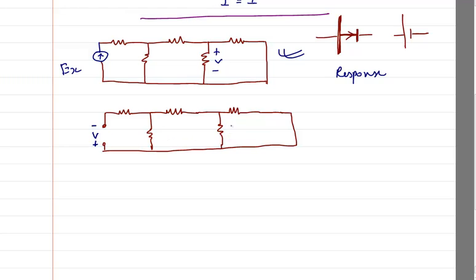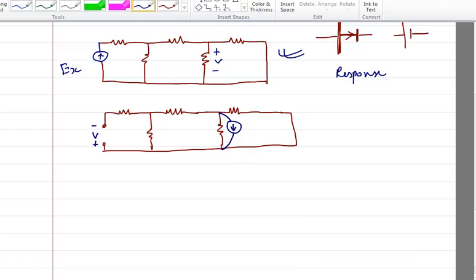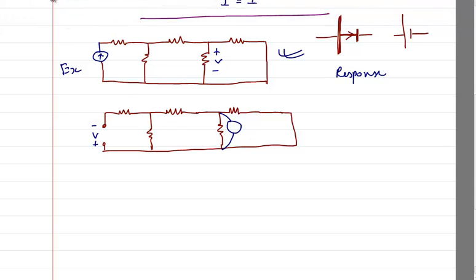And here the current is in this direction, again going from positive to negative. Not in this direction, the direction I have to change. Why I am changing the direction, I will explain that, just hold on.